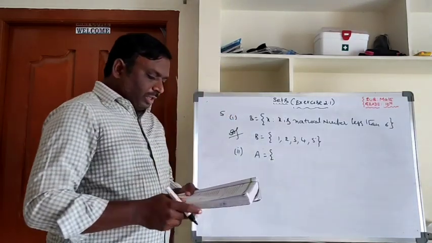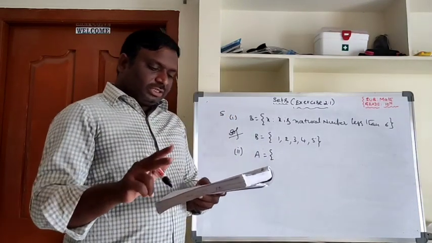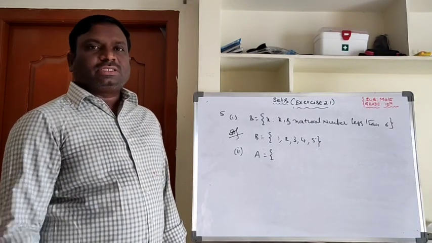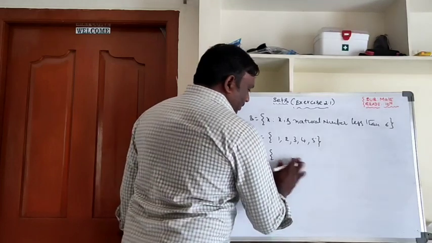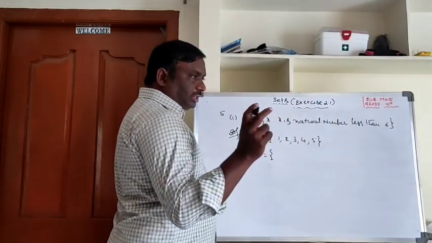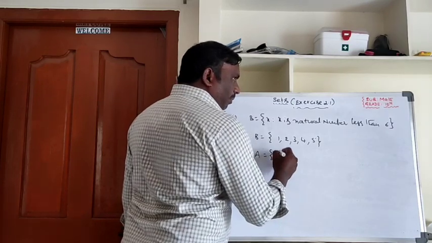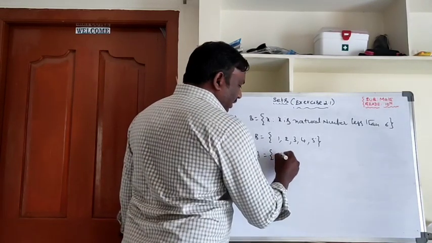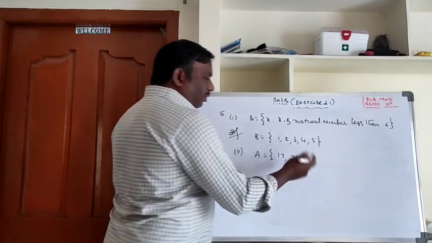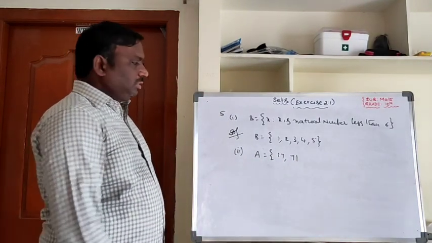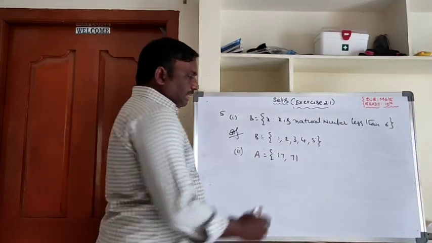You can take 1 plus 7 is 8, so take 17. If you interchange the digits, you will get 71, which also has digit sum 8.